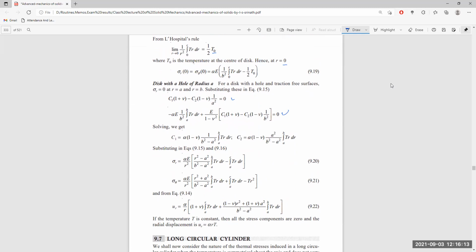After solving them, we get C1 is alpha into 1 minus gamma divided by 1 by B square minus A square into integral A to B TR into DR. C2 is minus alpha into 1 minus gamma into A square, B square minus A square into integral 0 to B T into R dr. And substituting equations 15 and 16 here, we will have sigma r with this function and sigma theta with this function, and from the equation, the displacement in the radial direction is given as alpha by R, 1 minus gamma into integral 0 to R T into R into dr itself.